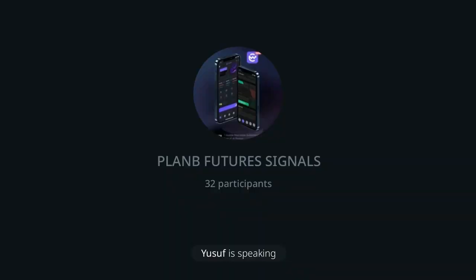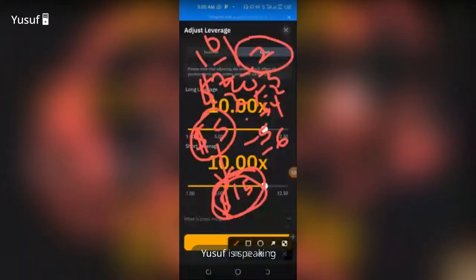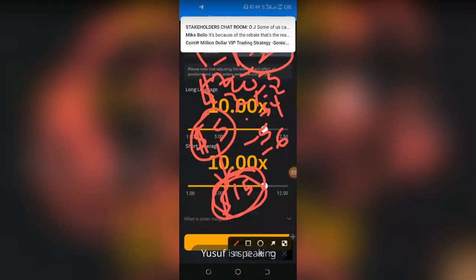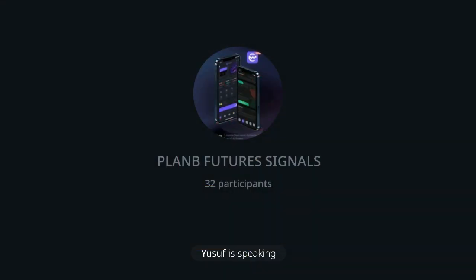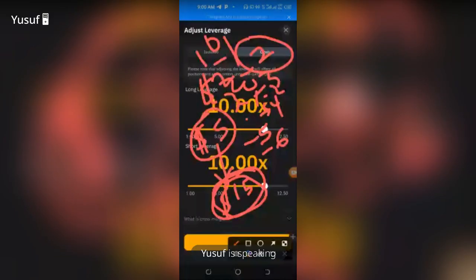It will keep you on the market for long term. In case the market reverses back to the positive direction, it will give you a chance to even save the loss you have previously had. But of course, if the loss has gotten to the exact amount of your margin, it will liquidate you. I hope you understand this.